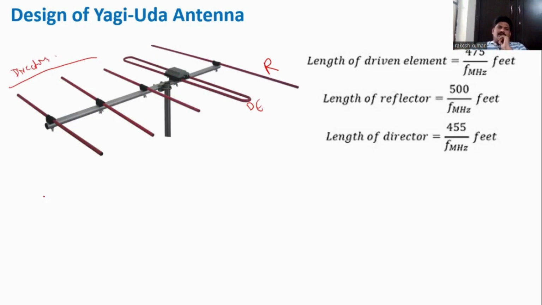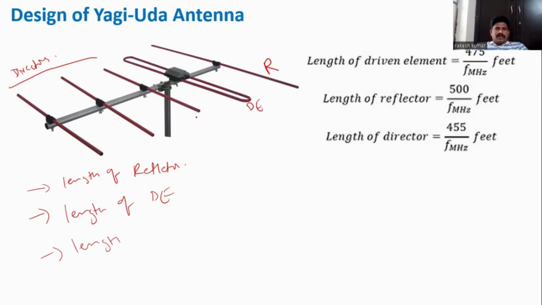First of all, you want to know the length of the reflector. What is the formula to calculate the length of the reflector? Similarly, what is the length of the driven element? And next, how many directors are there?